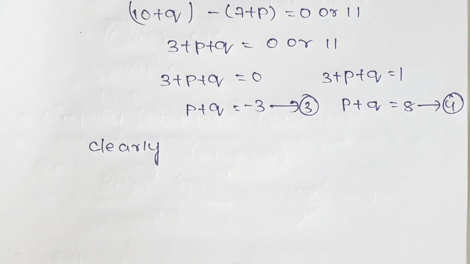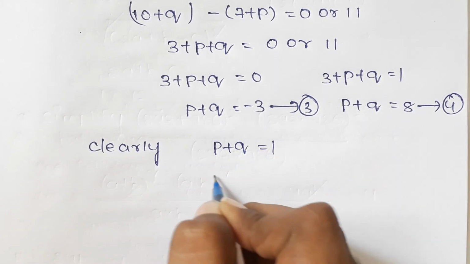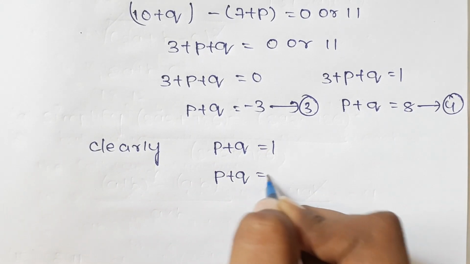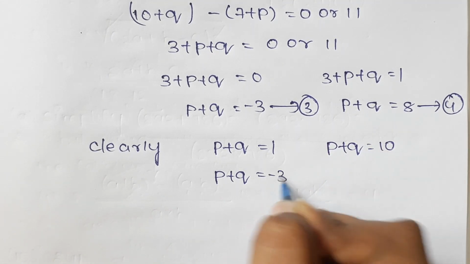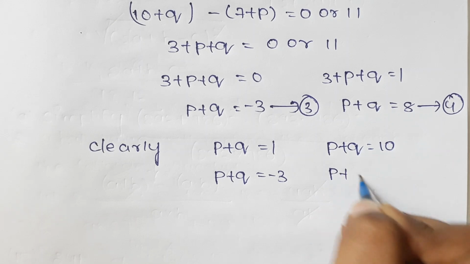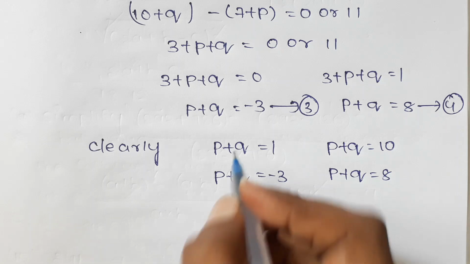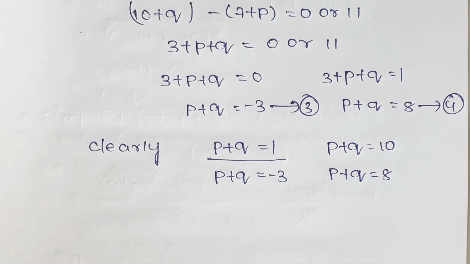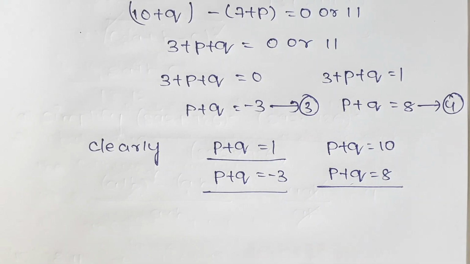Now we will write 4 equations, that is P plus Q equals 1, P plus Q equals 10, P plus Q equals minus 3 and P plus Q equals 8. From these 4 equations, we clearly understand that if this one holds, then neither 3 nor 4 holds.